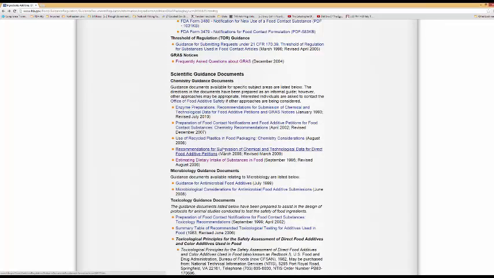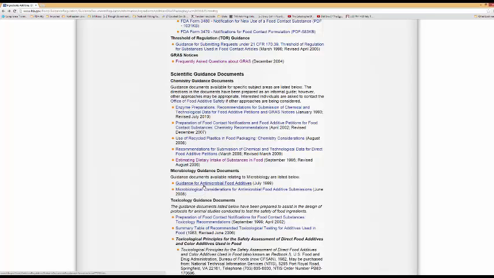So we have other scientific, other chemistry guidance documents that are specific to food additives. And even here we see that this is going to be helpful in looking at GRAS notices if we're relying on scientific procedures. And then we have antimicrobial food additives and microbiology considerations for food additive submissions.